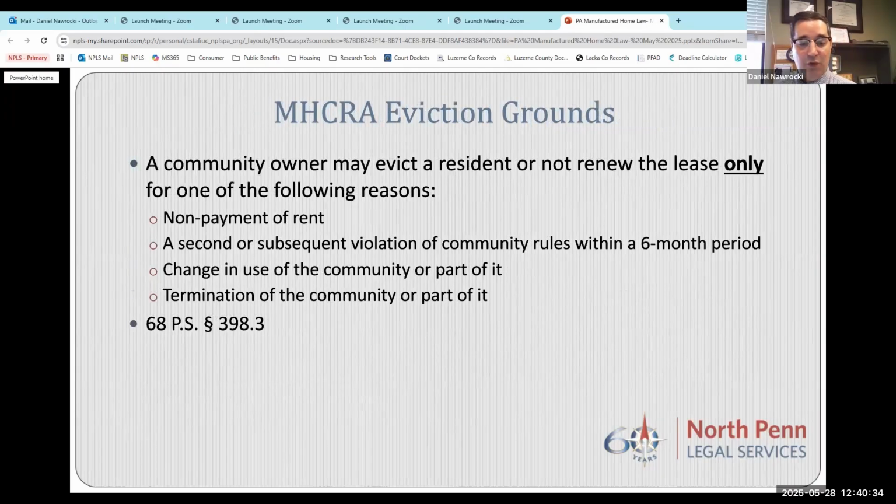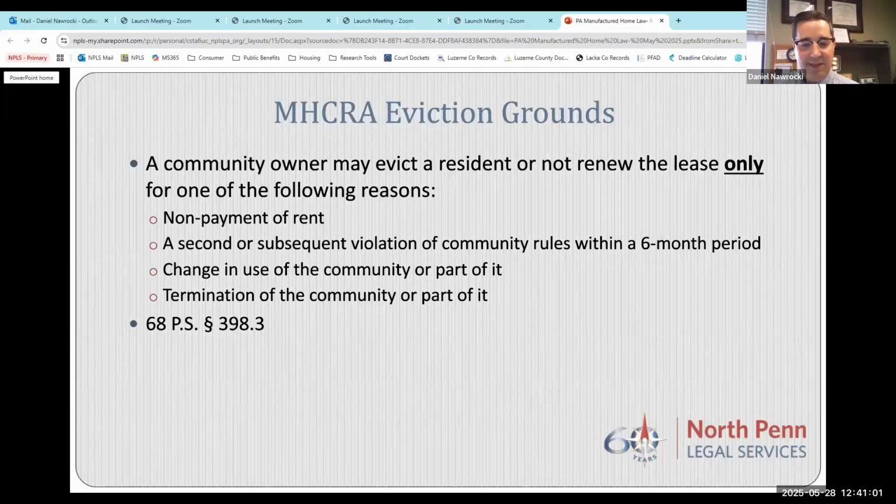I think the biggest, most important feature of the MHCRA is that it creates for-cause evictions. So unlike private landlord-tenant situations where you can simply end a lease, it defaults to month. If people don't have an unexpired written lease, a private landlord could choose to end their lease at any time.